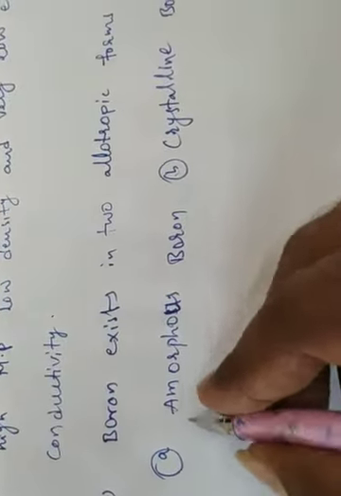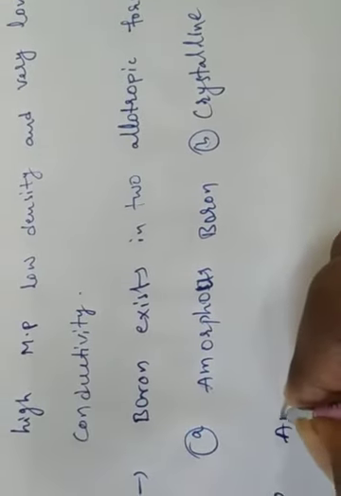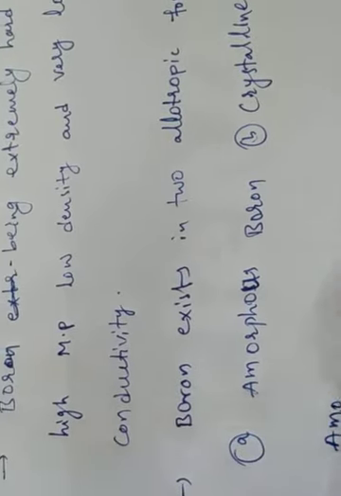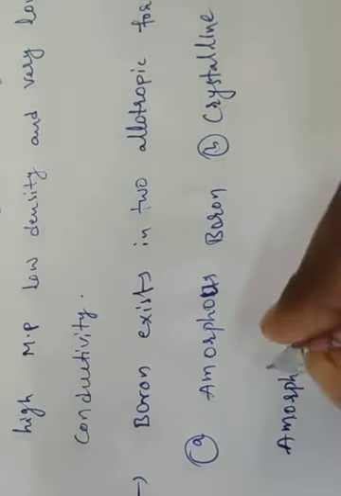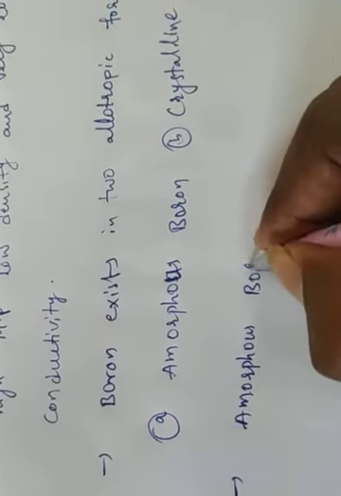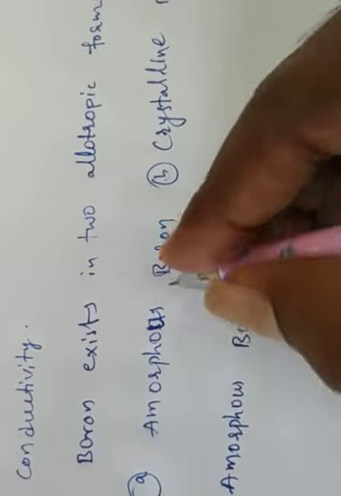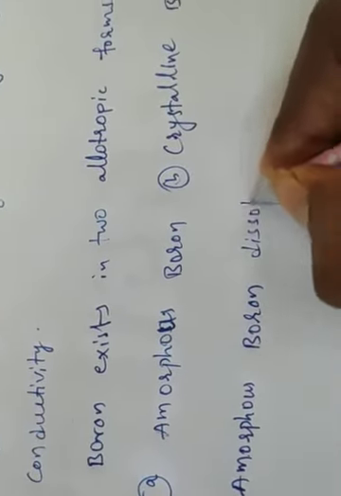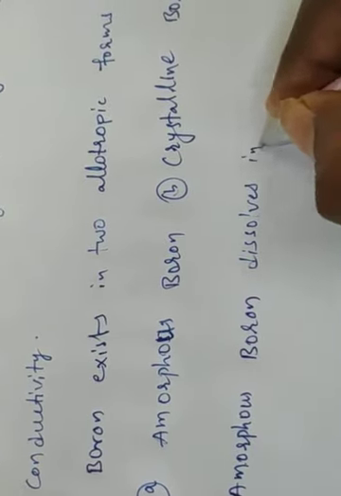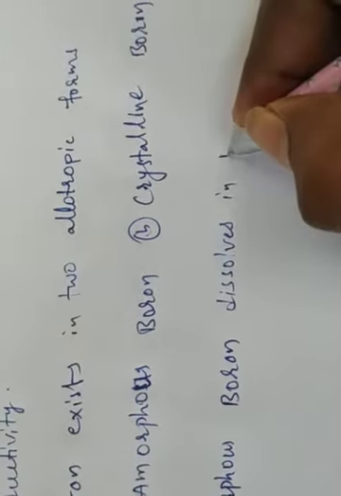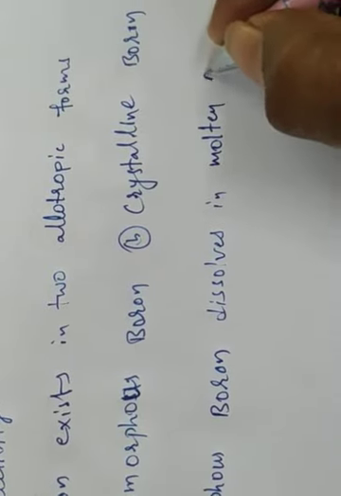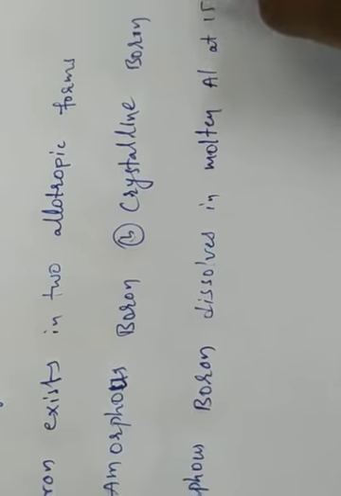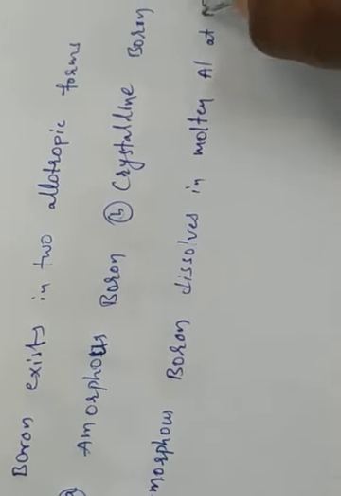Next point, amorphous boron dissolves in molten aluminium at 1530 degrees Celsius.